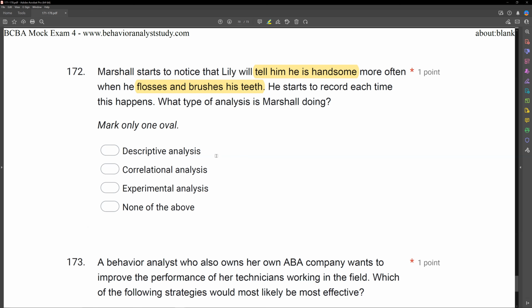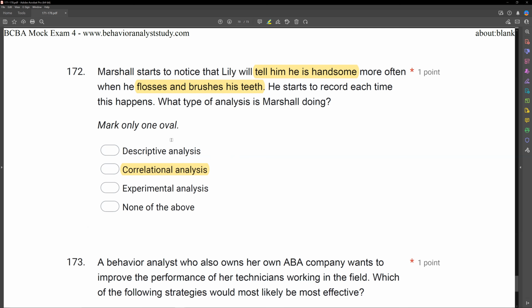So descriptive analysis is kind of like description. Correlational analysis is like prediction. And then experimental analysis is kind of like control. If we're just observing two variables to see if they correlate without manipulating anything, we're conducting a correlational analysis. Only if Marshall starts manipulating flossing and brushing his teeth will he enter into this experimental analysis phase.